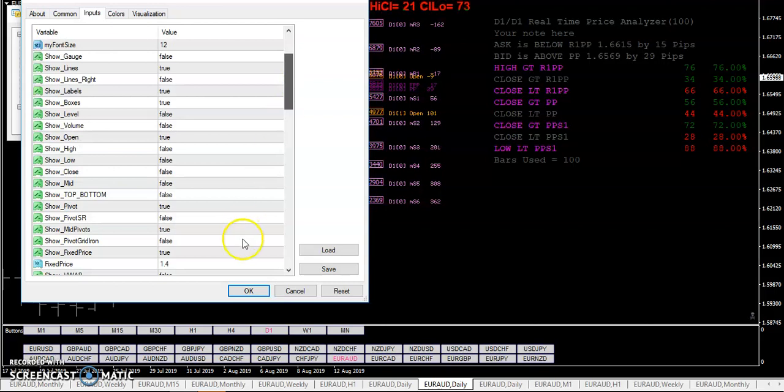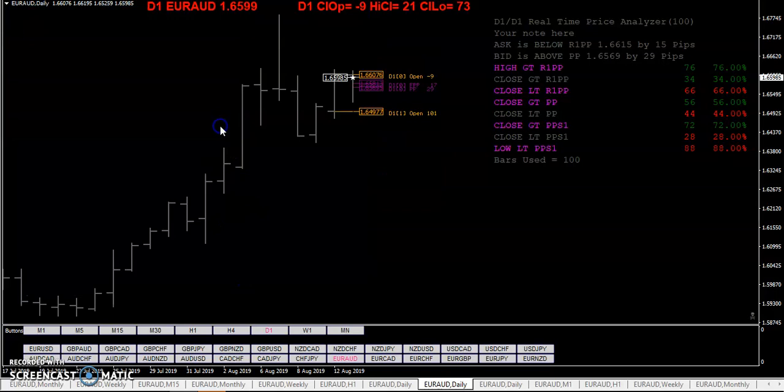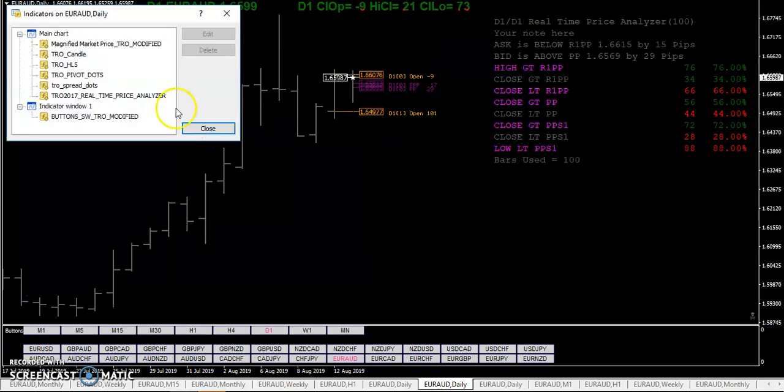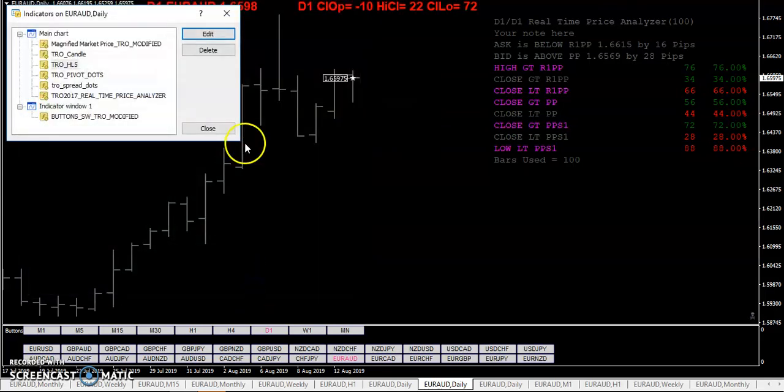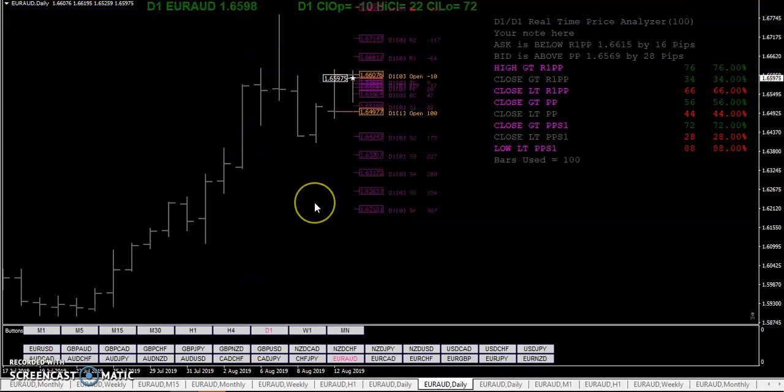Show pivot true, show mid pivot true. What if I put show mid pivots false? This is interesting. Show pivot true. Oh, I know. Show pivot support. Pivot SR. There we go.